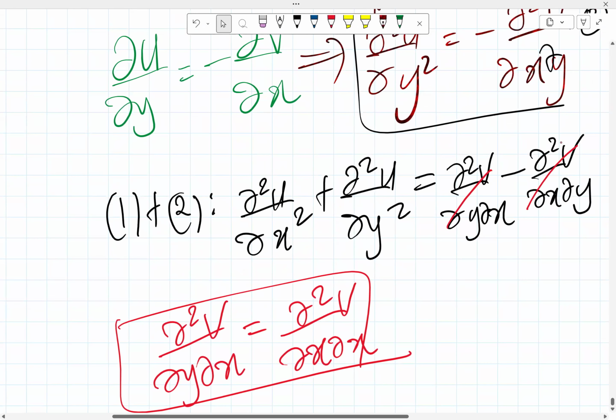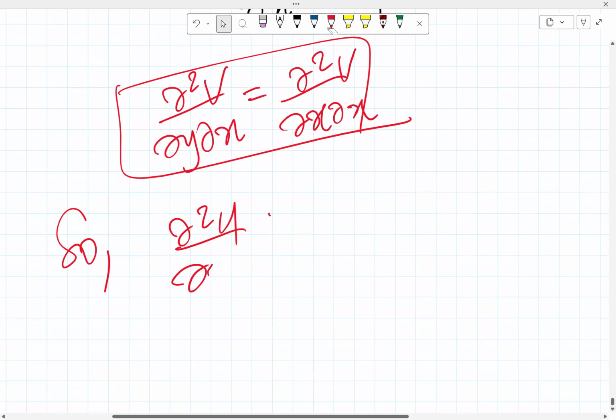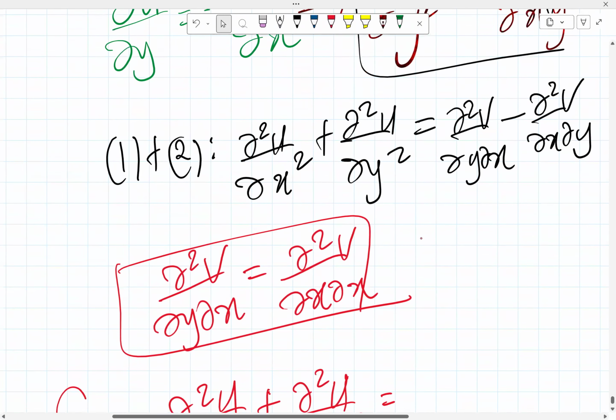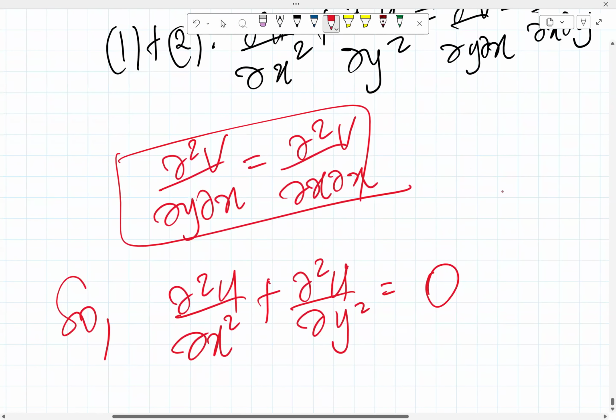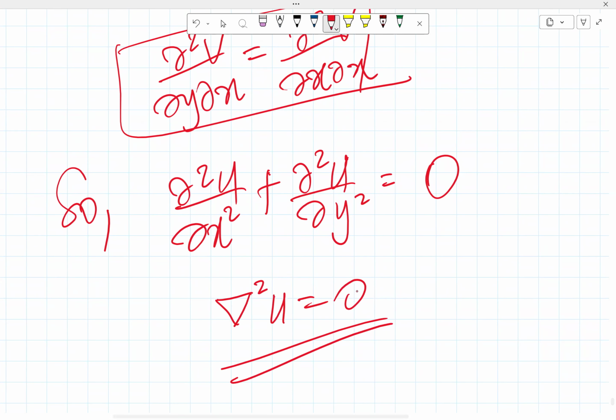So partial squared u, partial x squared plus partial squared u, partial y squared is the same thing as 0, because these two cancel. So this is where we have that the Laplacian of u is equal to 0. That's the Laplace thing we're talking about.